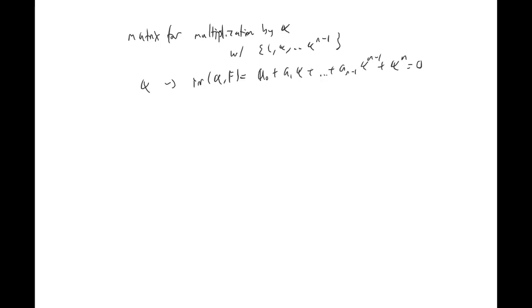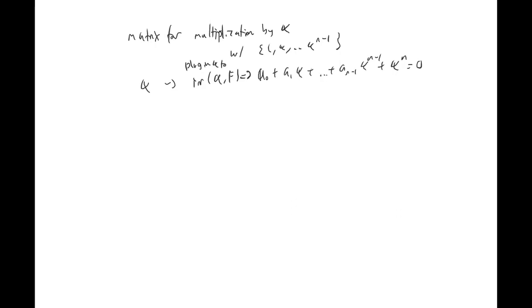Everyone clear on this? So alpha is a root of this irreducible polynomial, so when I plug in alpha, it gives 0.